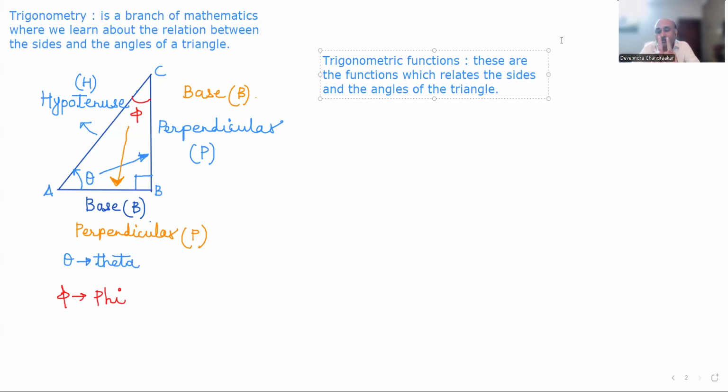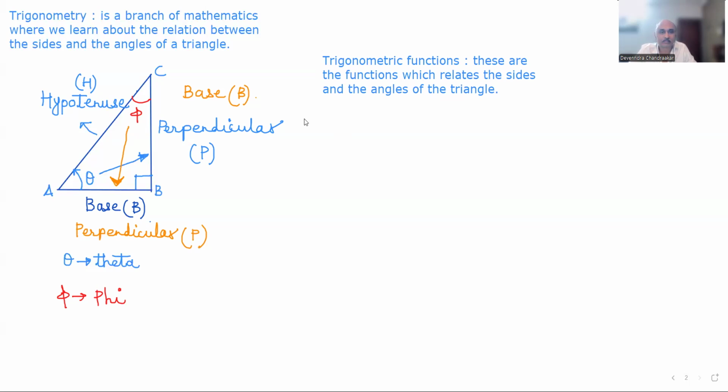The remote was the connect between you and the television. Here, between the sides and the angles of the triangle, the connect is the trigonometric function. Got it? So these functions relate the angles and the sides.